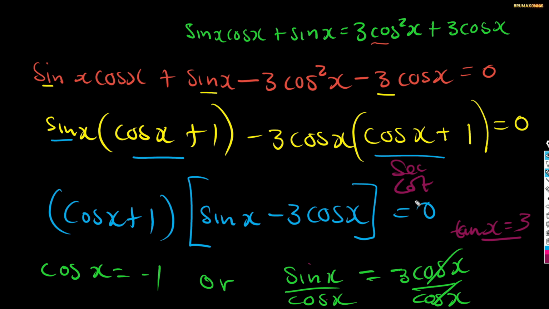So you'll go to these ones, but the best one is to eliminate these by cos x so that you can end up with tan x, right? So at the end of the day, we are done with our solving for this particular equation.